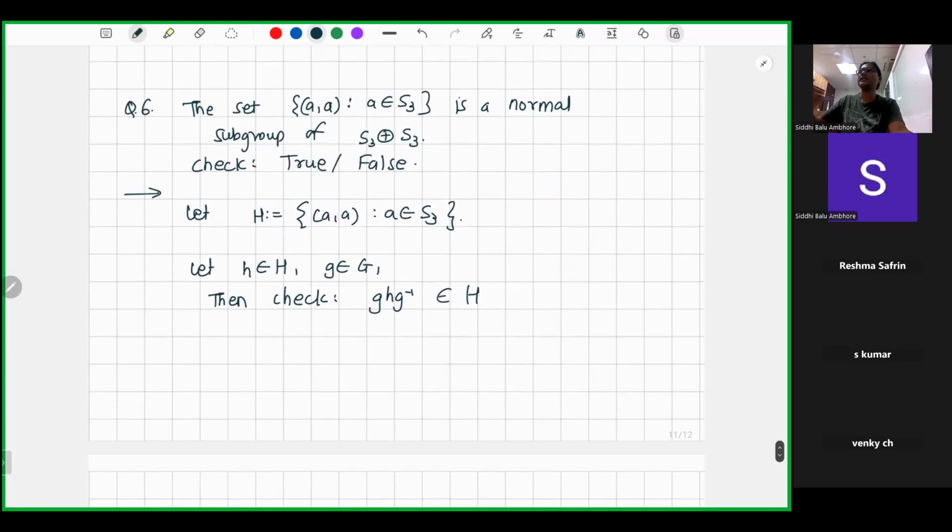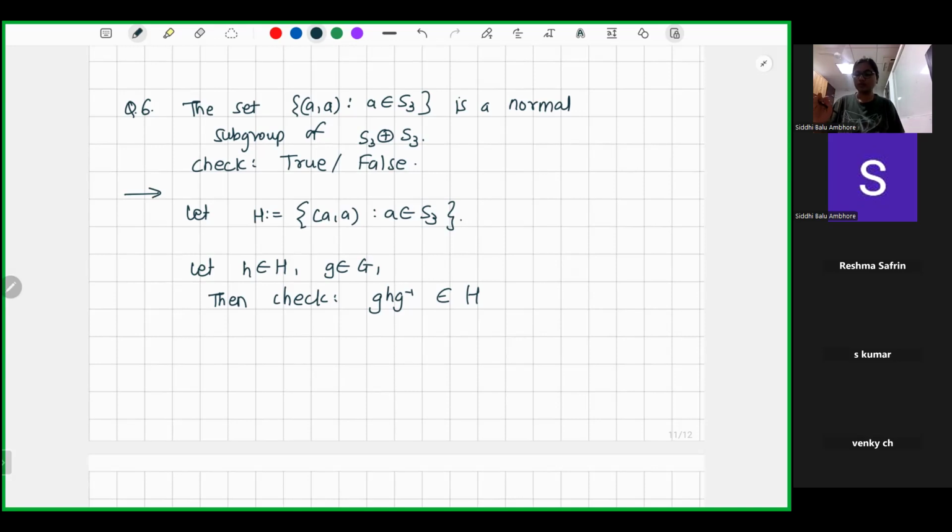So something needs to land in H. Means what? This is a direct sum, right? Or product, whatever you want to call this. But the moment I say that, this is an internal direct product. So when I say that something needs to land in H, when I multiply it with the elements from G, I need both the coordinates of this product to be equal.